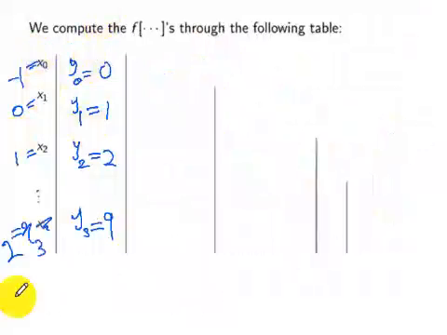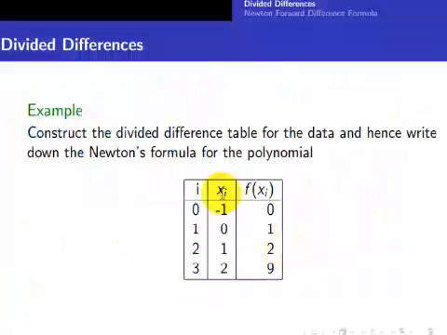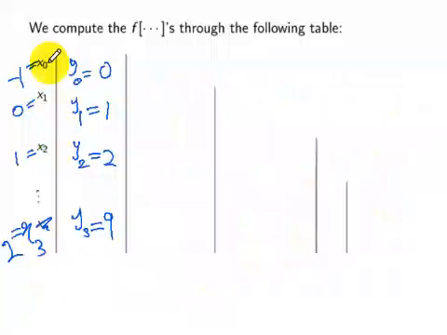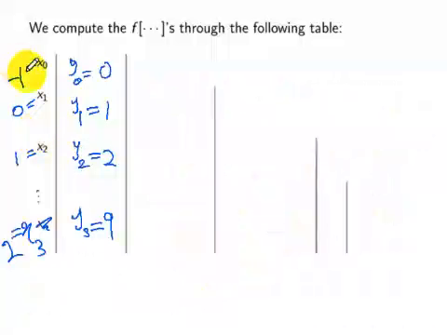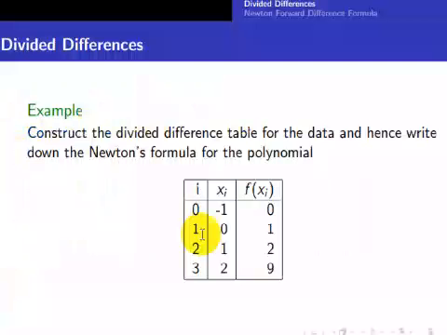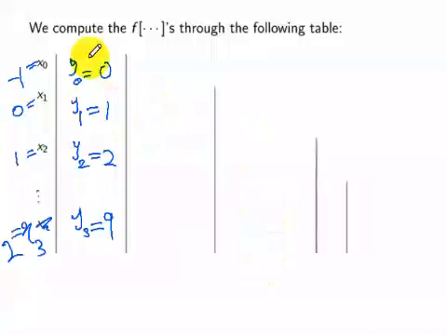Alright guys, these are the x values of the problem. X coordinates x0, x1. There are 4 x coordinates, right? We listed them here: -1, 0, 1, 2, and these are the corresponding y values: 0, 1, 2, 9. We are ready to compute the first level.